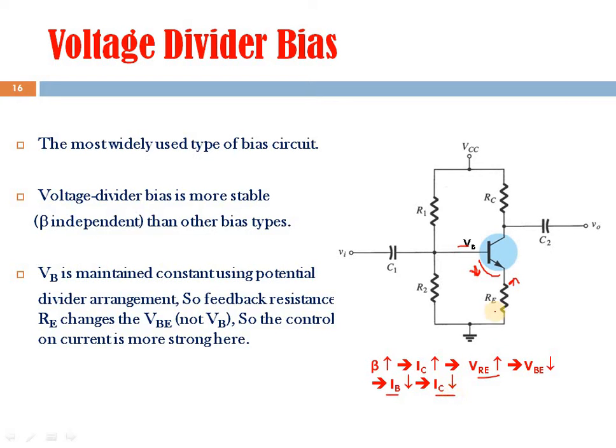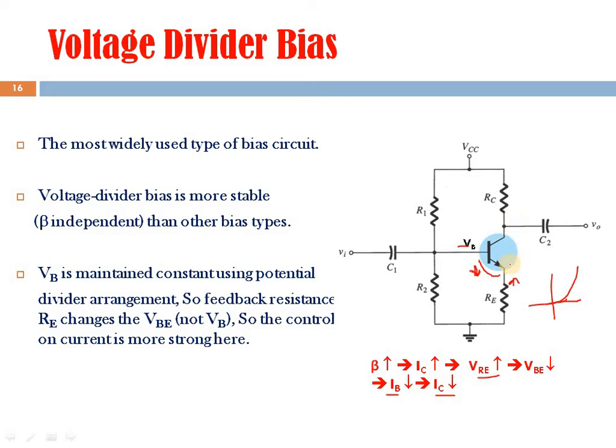What I was saying is that this control over VBE is more meaningful, because this is a diode, and in the case of a diode the current is exponentially dependent on the voltage. So if there is a small change in the voltage, there is a big change in the current. A small variation in this voltage is sufficient to make a big reduction in the base current, and so a big reduction in the collector current.